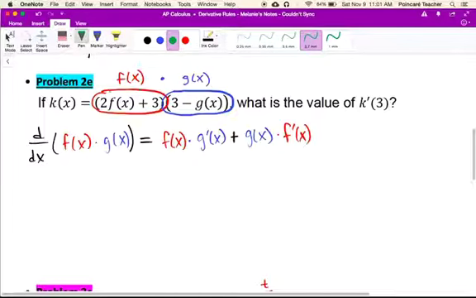Since this whole chunk comes before this chunk here, I think of it as the first function, and I think of the blue function as the second function because it comes second. When I think in terms of position, it makes it a lot easier than being hung up on the labels. So we can modify the product rule as this.